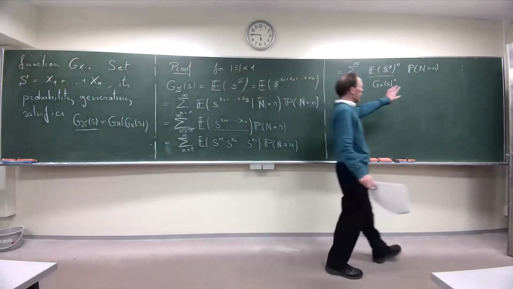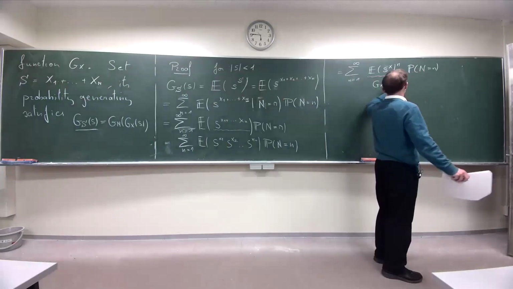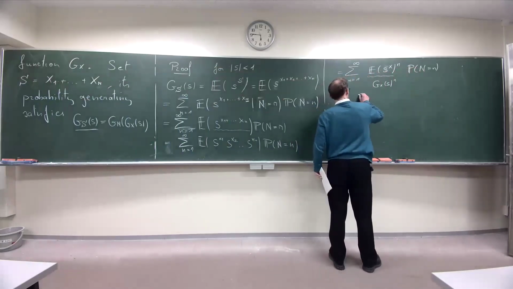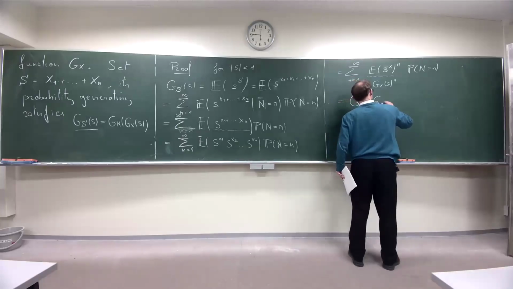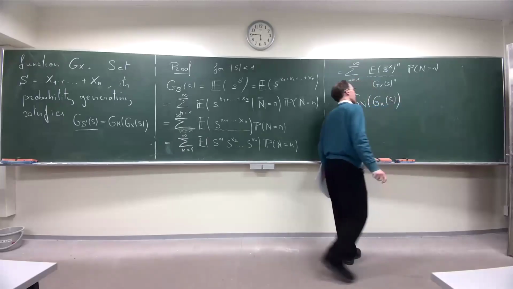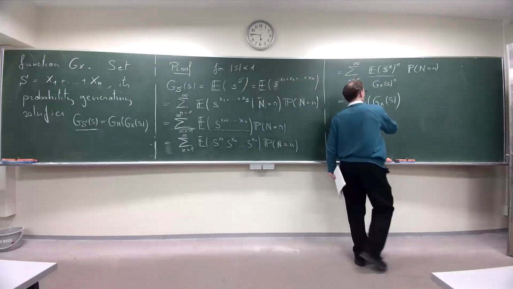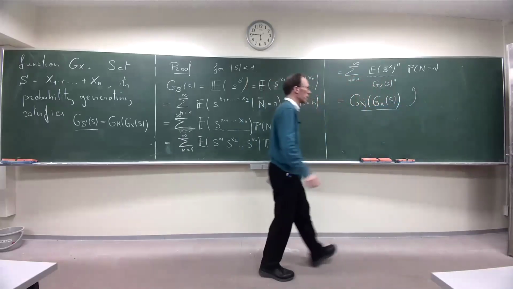And now I'm again going to use the law of the unconscious statistician. This is equal to g_N of g_X of s. It's always easier to start with this, and if you expand, you're going to get the previous line.